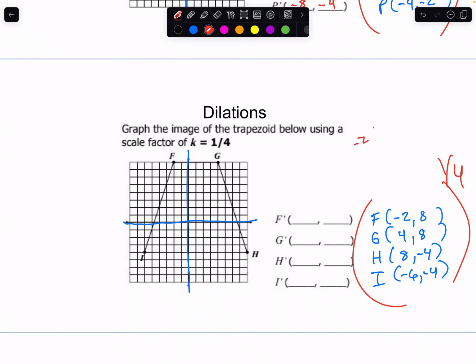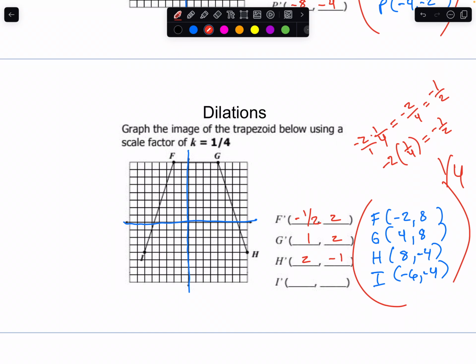-2 times 1/4 would mean -2/1 times 1/4. You multiply fractions sideways. This gives you -2/4, which simplifies to -1/2. Or in the calculator, -2 times 1/4 is still -1/2. 8 times 1/4 gives me 2. 4 times 1/4 gives me 1. 8 times 1/4 gives me 2. 8 times 1/4 is 2 again.